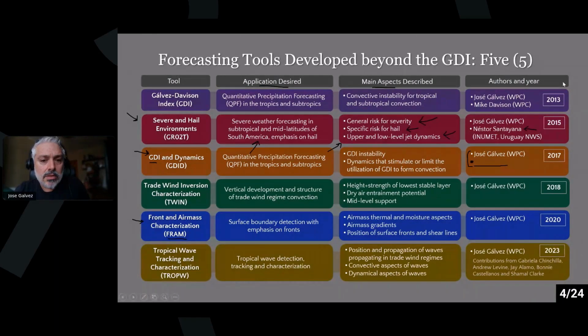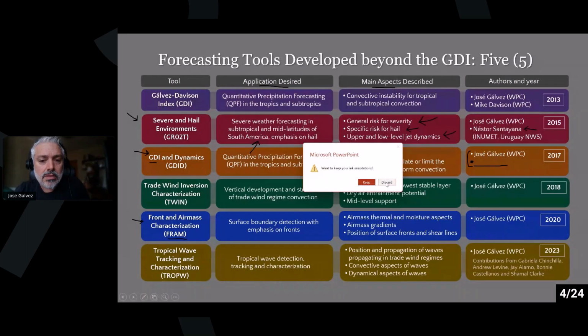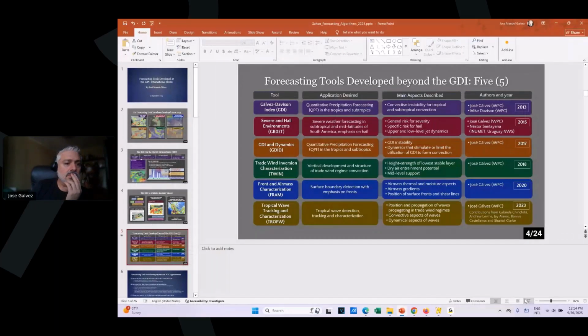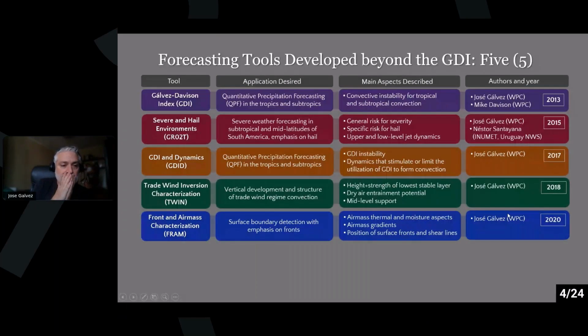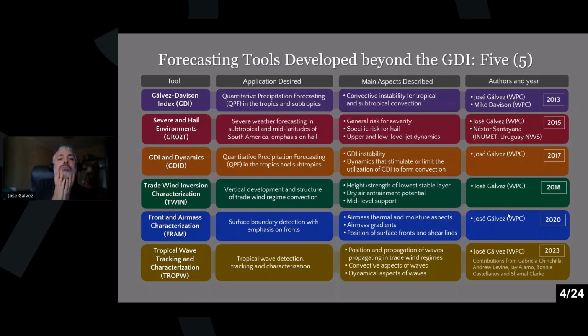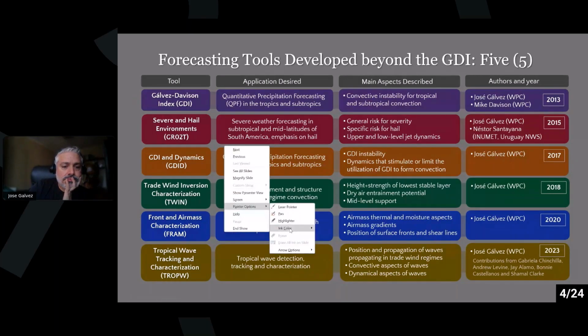Something that I want to point out when you're looking at the GDI, please remember the GDI is not a standalone index. The GDI is just a tool that you need to consider with environmental dynamics. So you cannot just go blindly saying, well, the GDI was 40, so I was expecting thunderstorms and we didn't get thunderstorms.